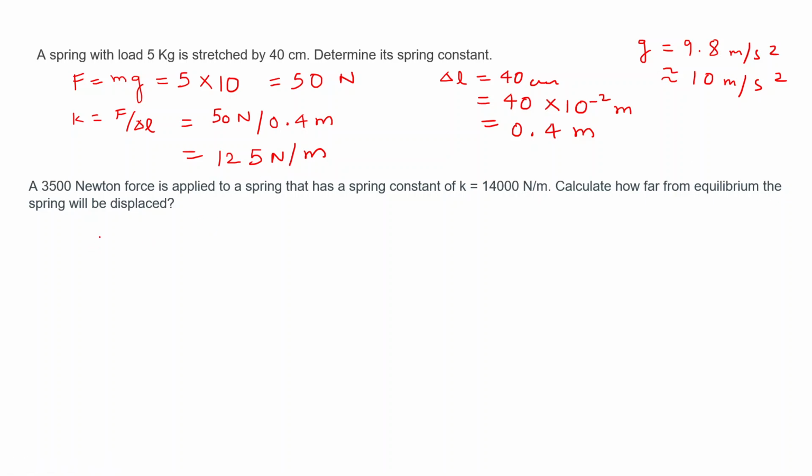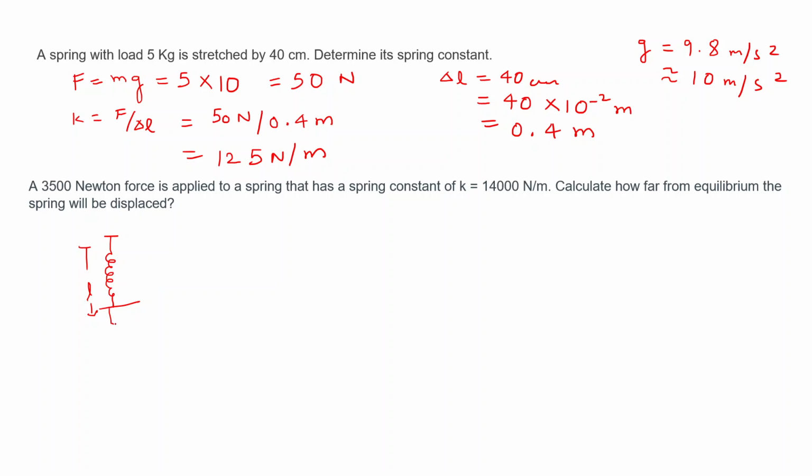So we know equilibrium is like this: this is the spring, and without hanging any weight, it is at some length L. This is the equilibrium.